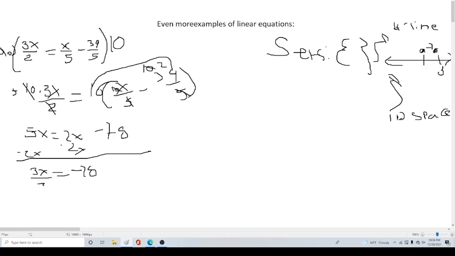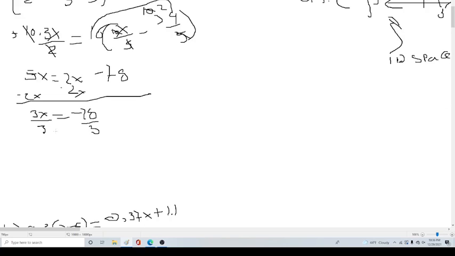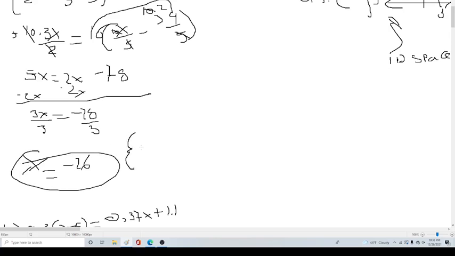Divided by 3 on both sides, x is now equal to minus 26. We could also say in set notation, just minus 26.